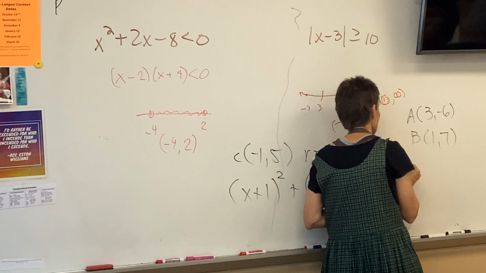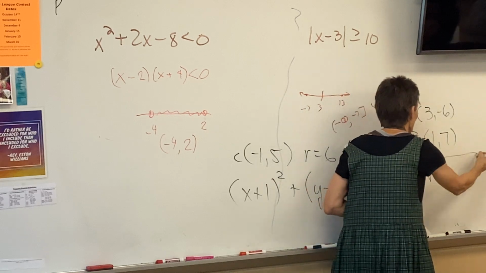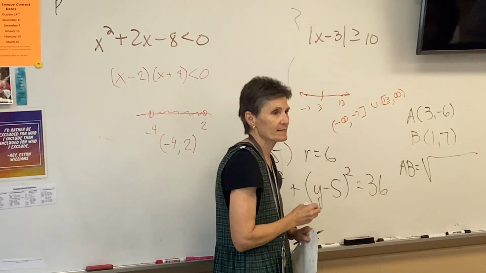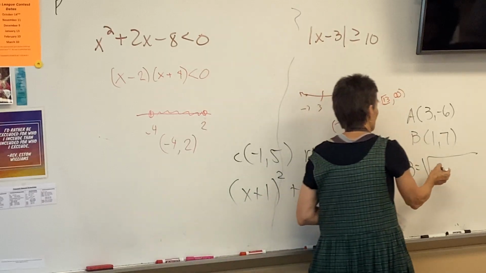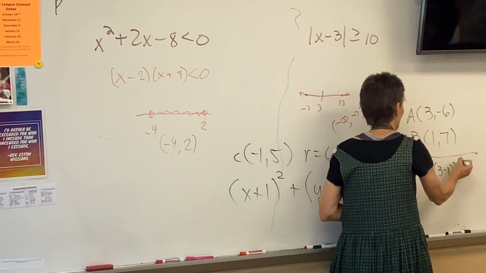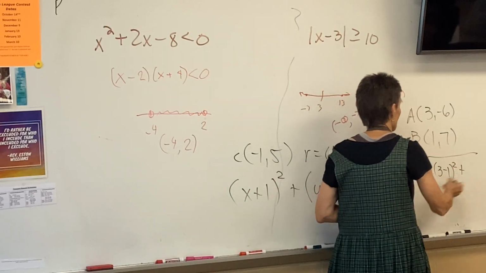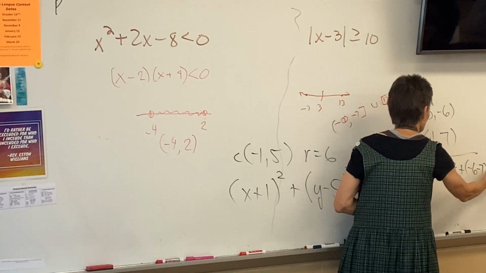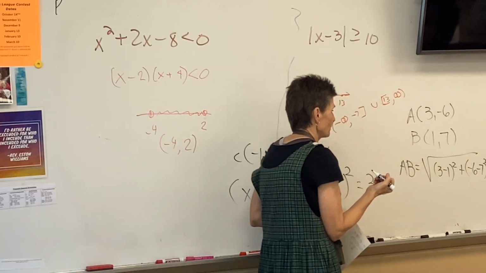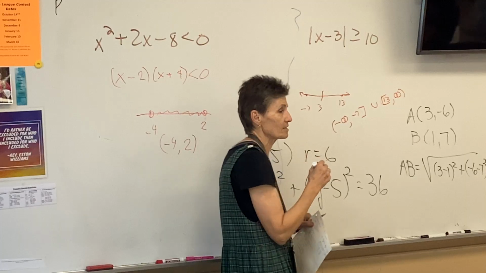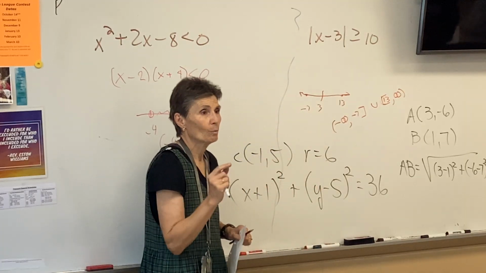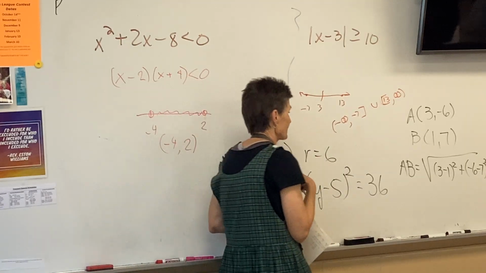I want to know the distance. Alright, so here we go. What's our distance? 3 minus 1 squared, -6 minus 7 squared. Not over 2, we do distance. When do we do it over 2? When do we do distance?